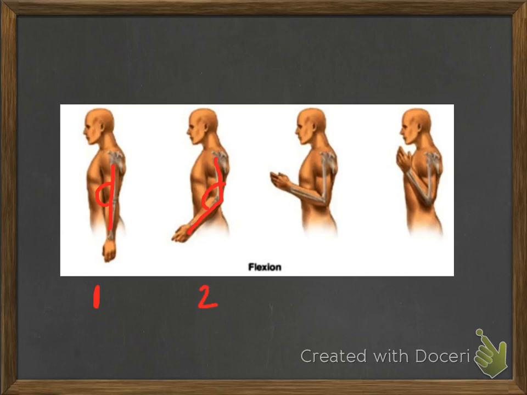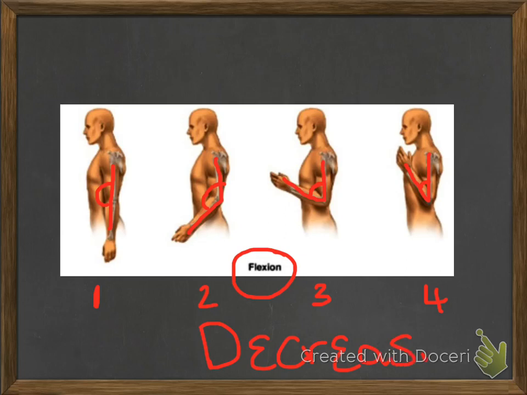The angle's decreasing. Even again, even smaller, we're looking at about 80 degrees. Here, about 40 degrees. So flexion, the angle is decreasing or getting smaller.